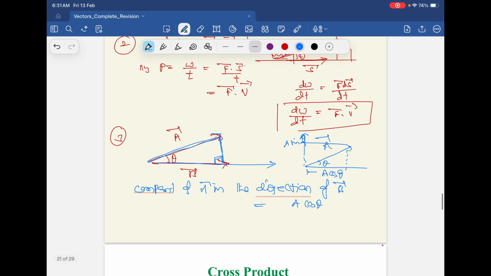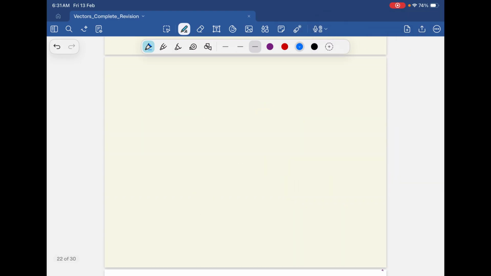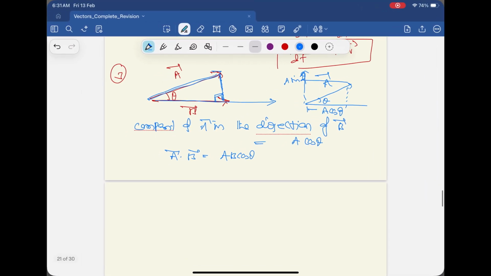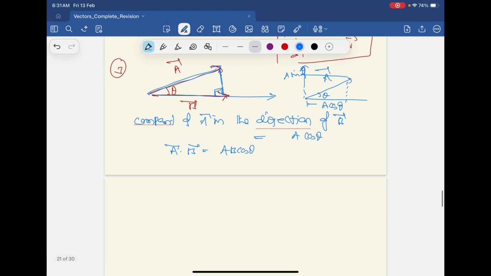But a bar dot b bar is ab cos theta. So you can write a cos theta from this: transferring b to this side, it becomes a bar dot b bar by b.